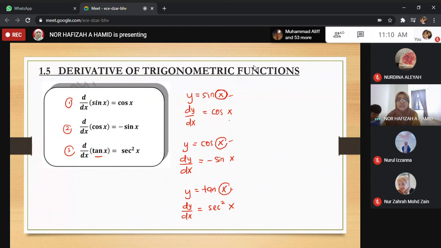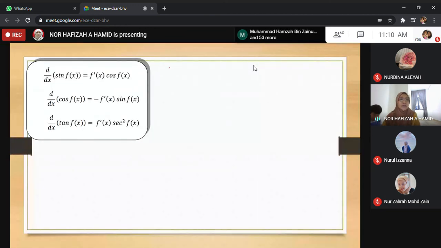Next we will extend, instead of x, so we can change into any function. For example, you want to differentiate sin x square or sin x cube. So that's why we have the second formula for trigonometrics.